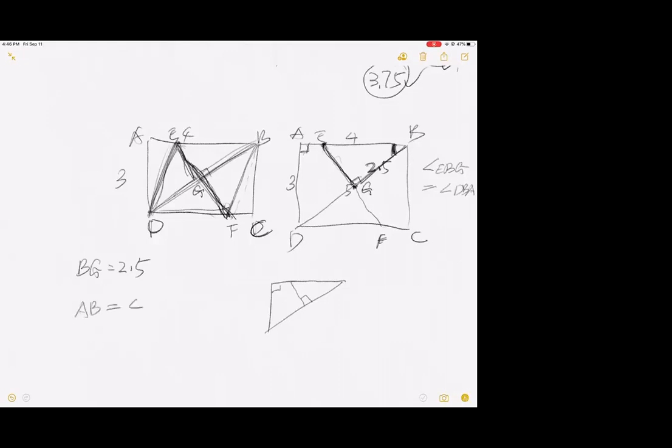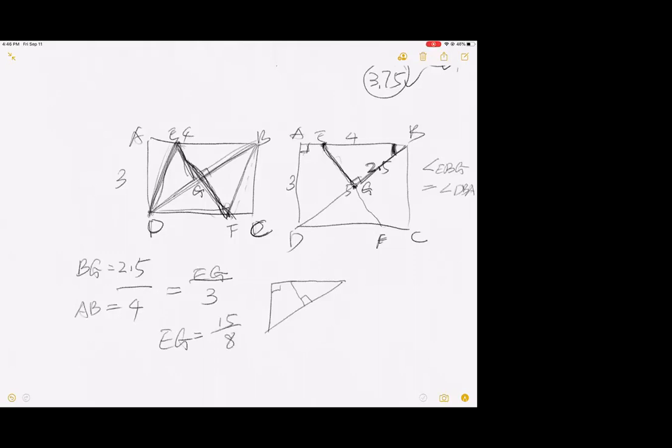So the ratio of the smaller triangle to the larger one is 2.5 over 4, or 5 over 8. EG's corresponding side is AD, so it's 5/8 times 3. So EG equals 15/8.